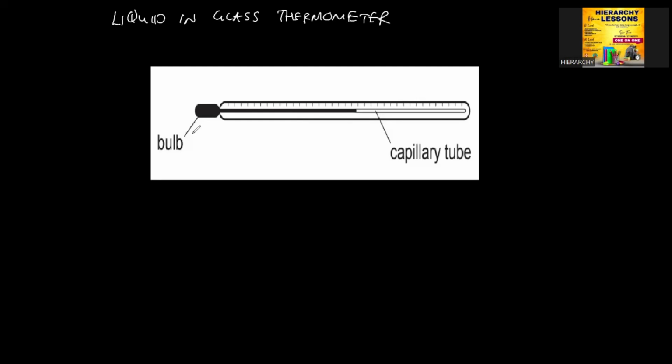It consists of a glass bulb here, and then this black stuff is the liquid, which can be alcohol or mercury. We usually specify whether it's mercury in glass or alcohol in glass. This is the capillary tube, and then this is the glass stem.